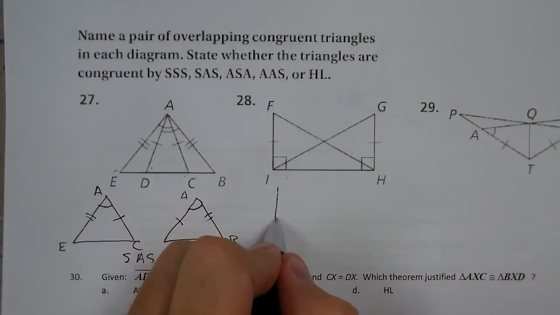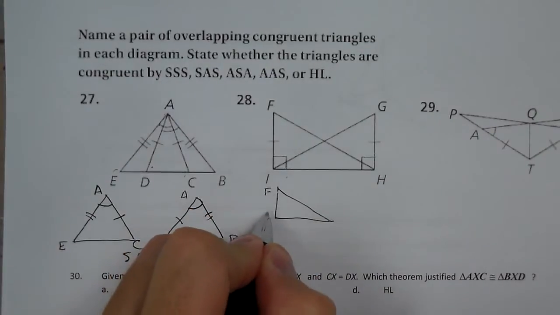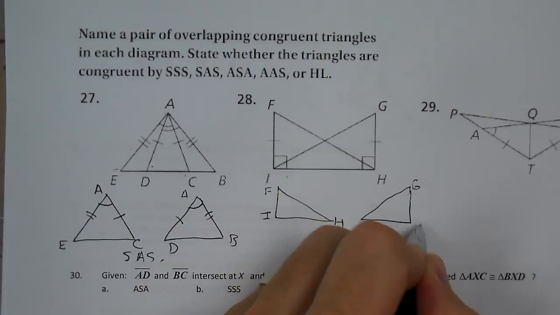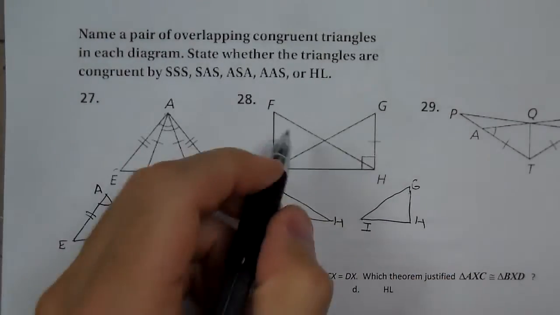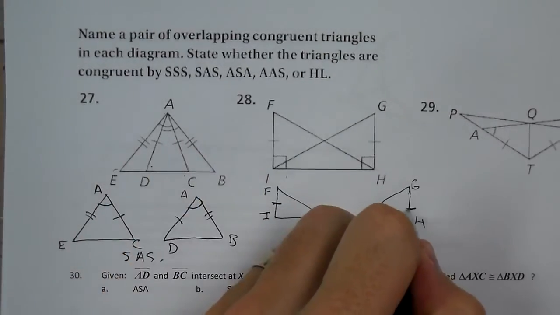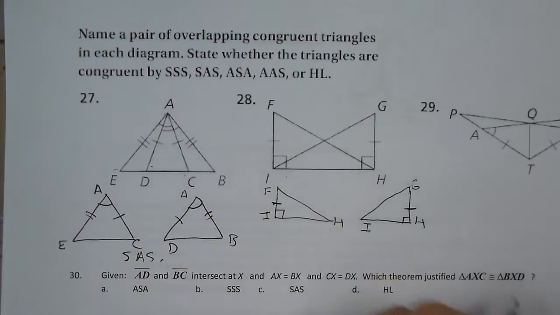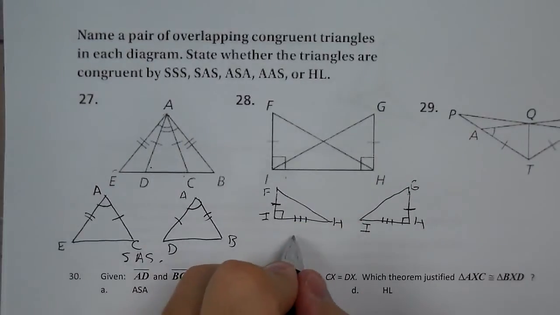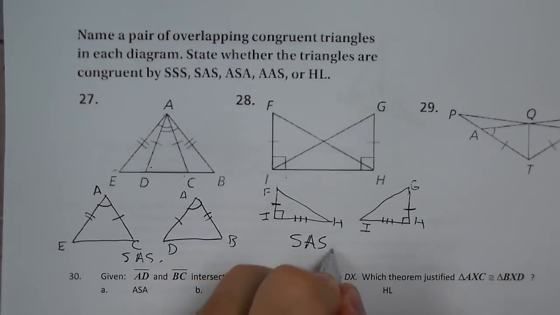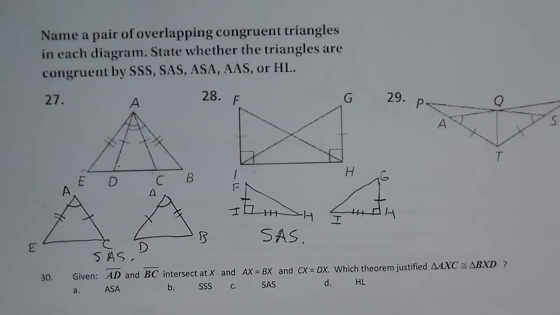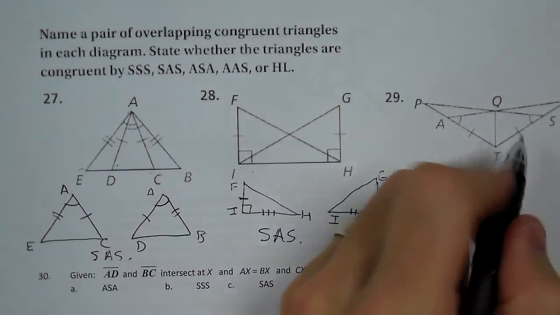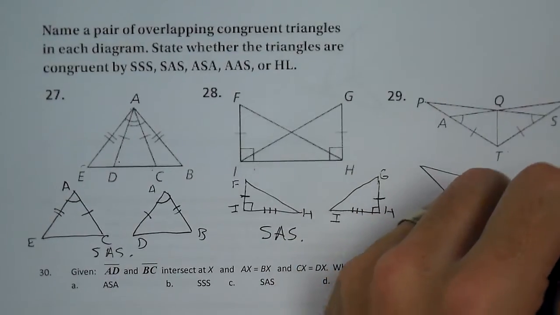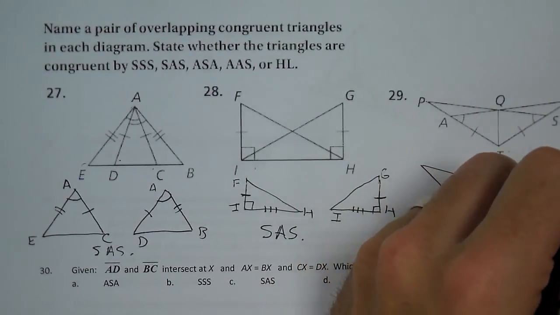For 28, I'm going to separate them. I got FIH. I have GHI. I have FI is congruent to GH. I have right angles. I have IH is reflexive to IH. So this one is also going to be side-angle-side. For 29, let's do PST and RAT.